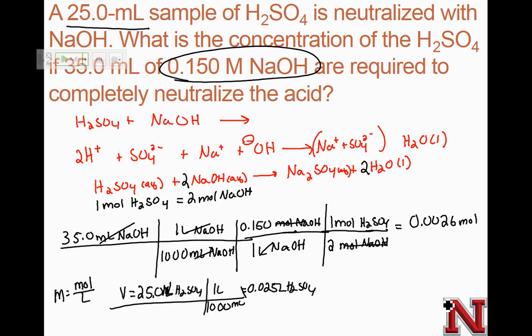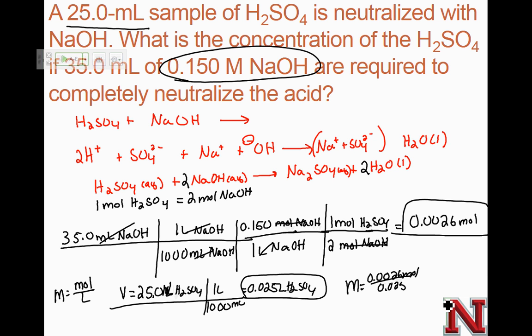So now I have my volume. Now I have my moles. I can figure out my molarity. And this is exactly like the example I showed last time. The only difference was we had to figure out the chemical equation first. So that gives us a 0.105 molarity.